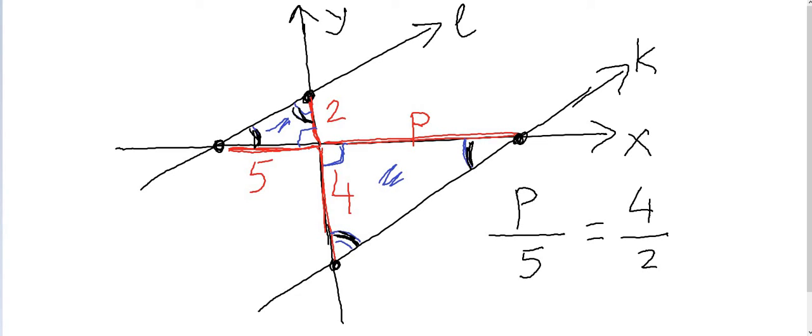So all we've done is generate one equation, P over 5 equals 4 over 2, based on the fact that these two triangles are similar.